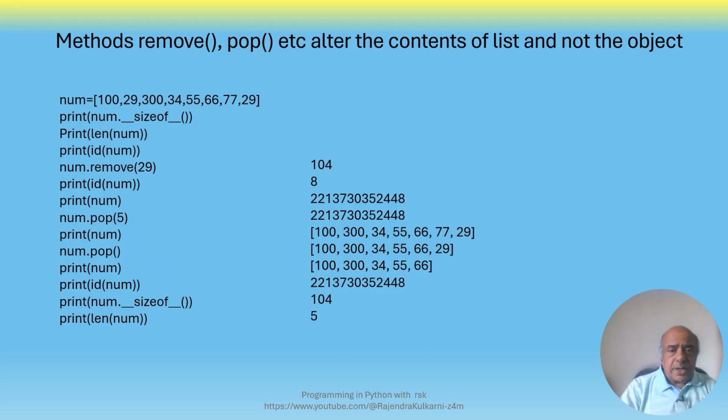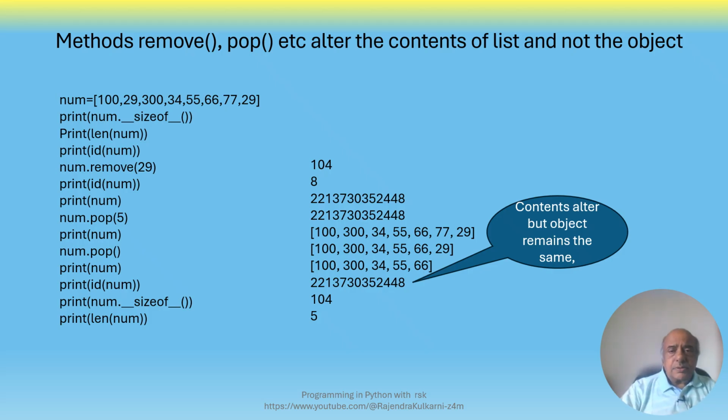It's 104 bytes here, it is 104 bytes here, 8 items in the list, 5 items in the list. So even if the number of items has come down, the memory allotted to the list num remains the same.